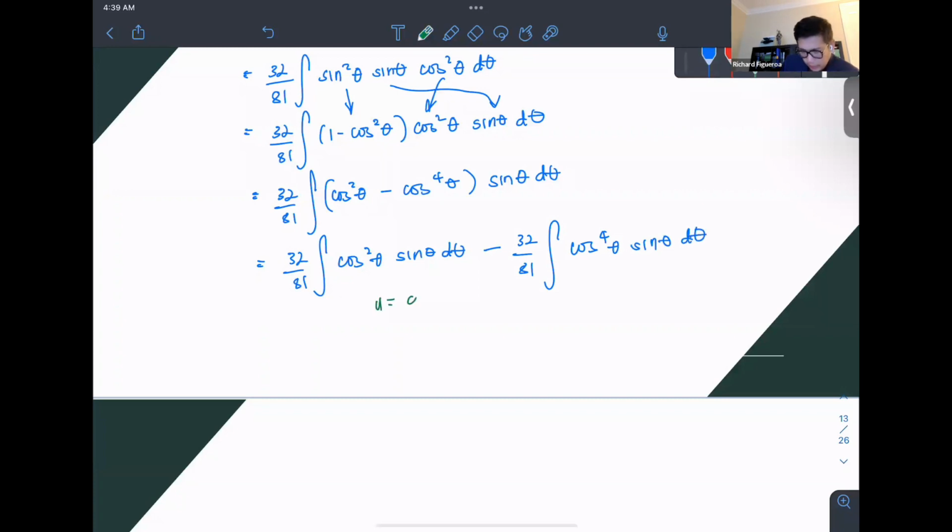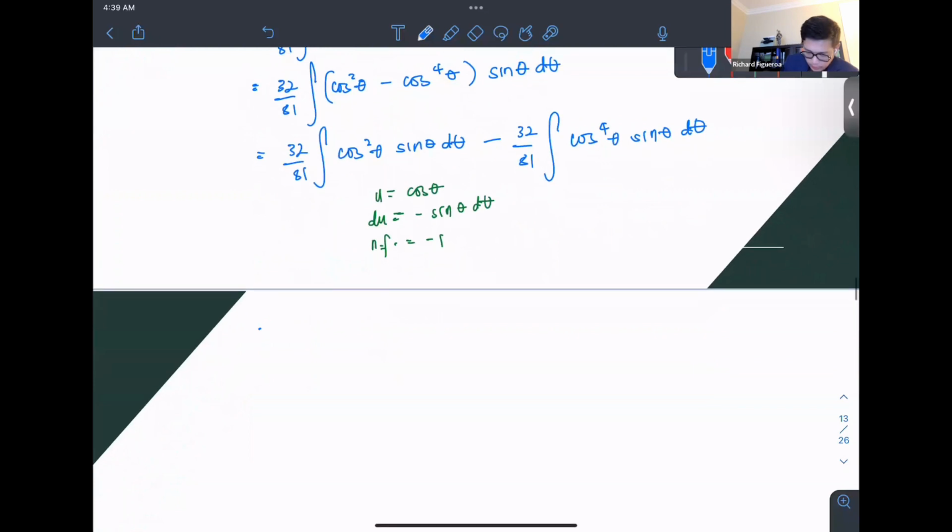Then our u here would be cosine theta, so its du will be negative sine theta d theta. So its neutralizing factor then will be negative 1. So this will become negative 32 all over 81, and then power rule, so cosine cube over 3. Then the negative neutralizing factor of negative 1, so it will become positive 32 all over 81.